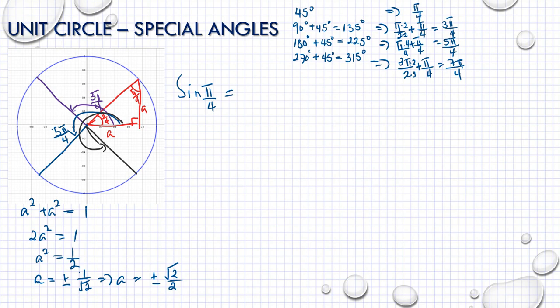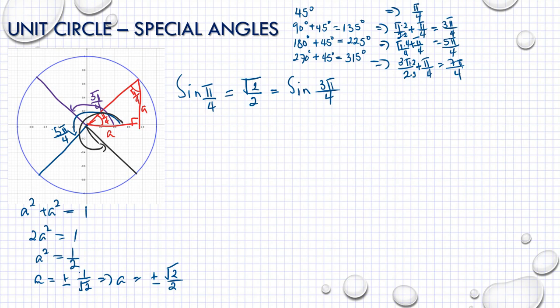Okay, so that is the value. But in the first quadrant, sine is positive. So we have square root of 2 divided by 2. And that is equivalent to, is the same as sine of, on the second quadrant, 3 pi divided by 4. Okay?